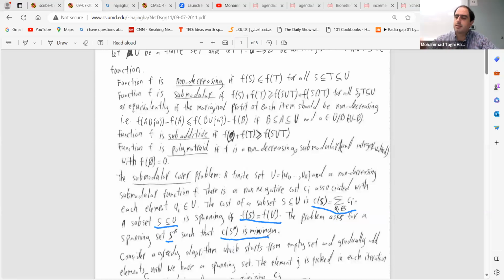I believe there are some studies like that. I don't remember the exact thing, but currently we are considering that the cost of S star is just the sum of the elements.